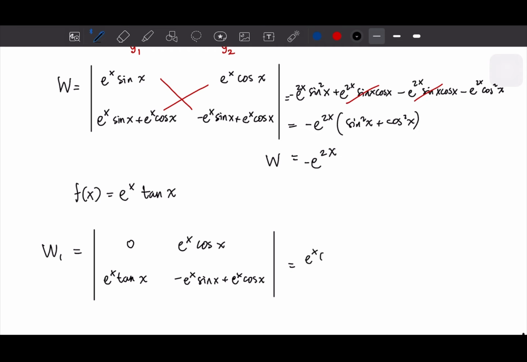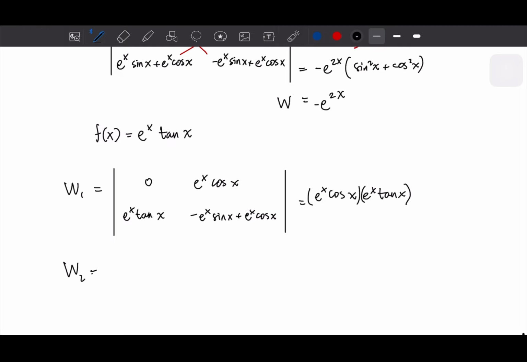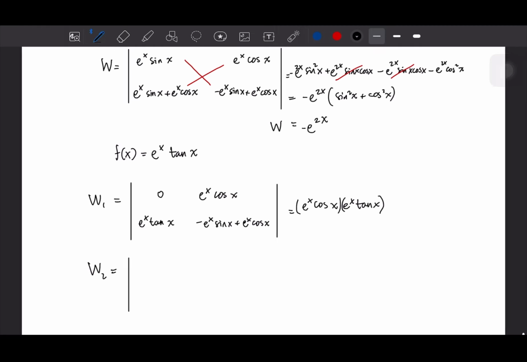And we have e^x cos x, e^x tan x. Okay. And we take the second one for W2. So e^x sin x plus e^x cos x, 0 and e^x tan x.